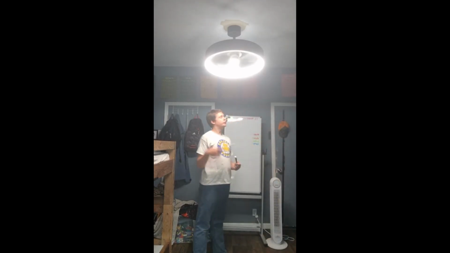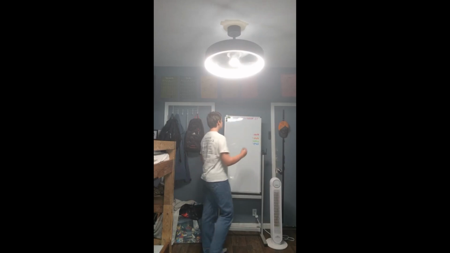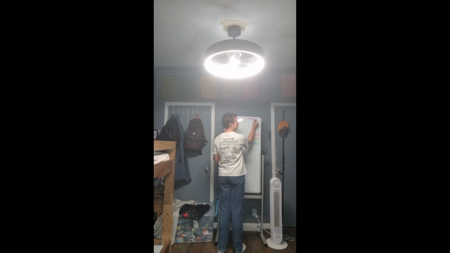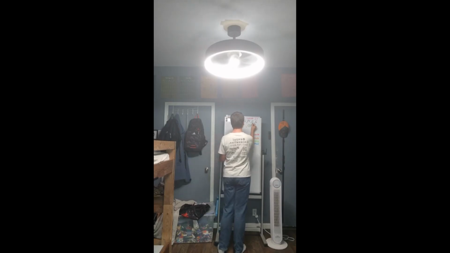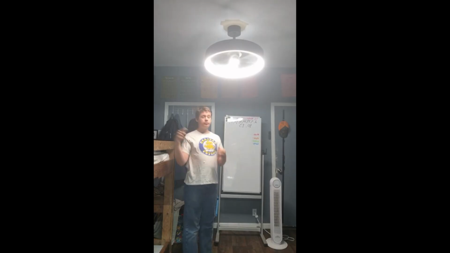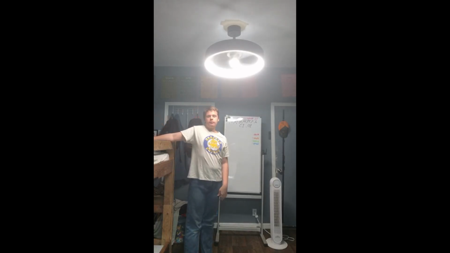So the mean is the sum divided by the number of entries. So the numbers are 2, 4, 19, 12, 6, 7, 6, 8, 10, and 13. Oh shoot, we're almost 40 minutes in.